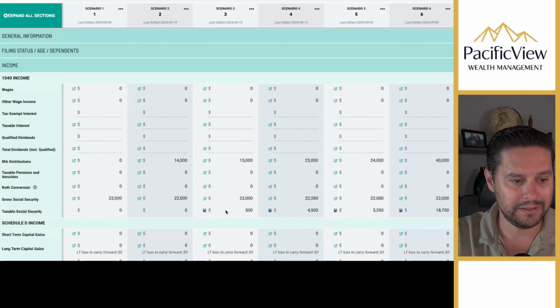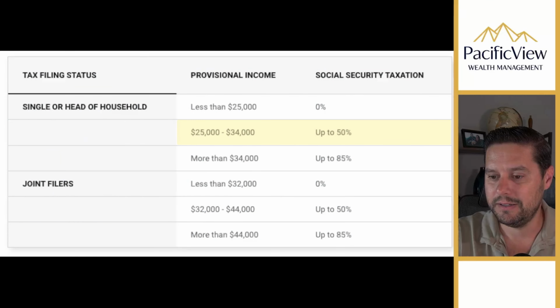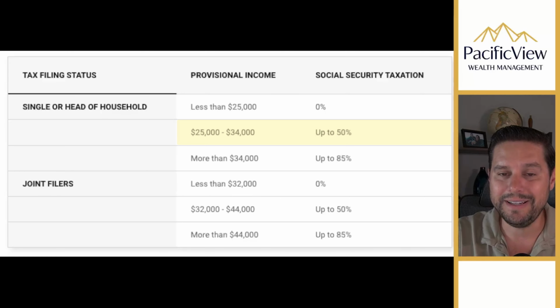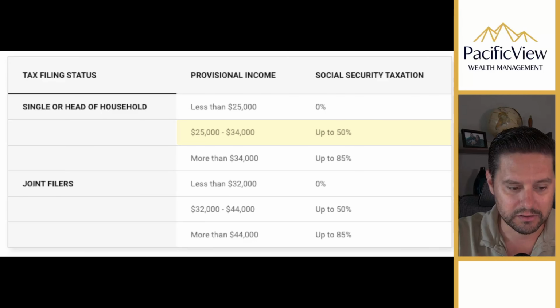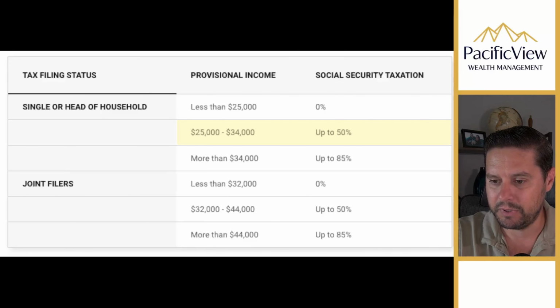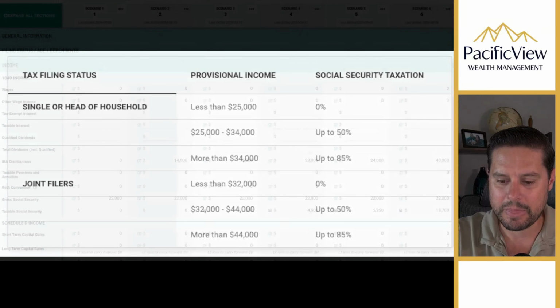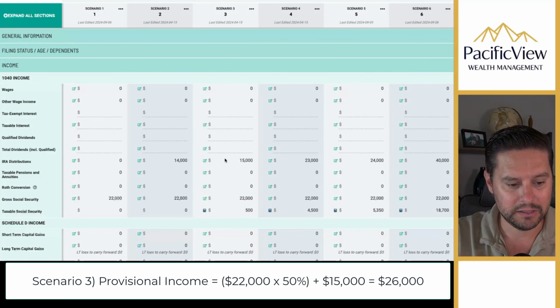But something happens in scenario 3. We cross over into the second bracket here, the $25,000 to $34,000 bracket, which means 50% of every dollar that is in that bracket is subject to federal income taxation. So we're $1,000 over, because if we do our provisional income calculation here in scenario 3, half of $22,000 is $11,000.